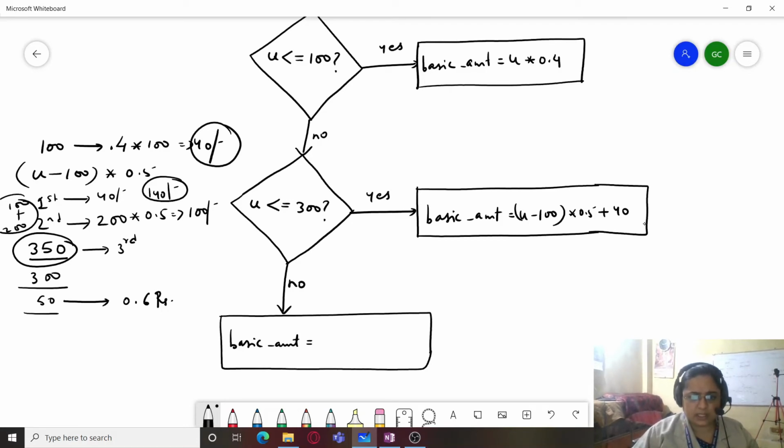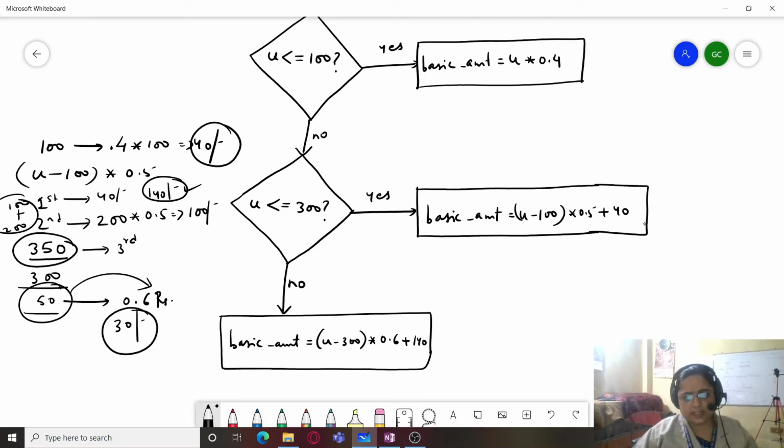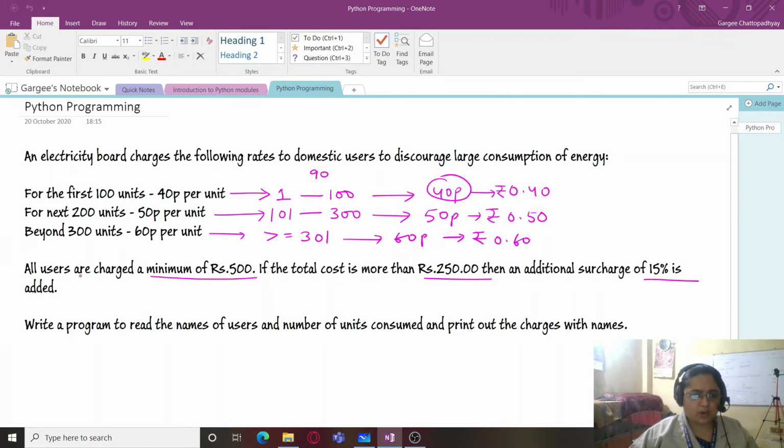Basic amount equals unit minus 300 multiplied by 0.6 plus 140. So this 140 becomes the fixed charge for the first two slabs, and the remaining units are levied 0.6 rupees. In this case it would be 30 rupees, and over here whatever remaining units are there, multiply that by 0.6 and add the fixed 140 rupees.